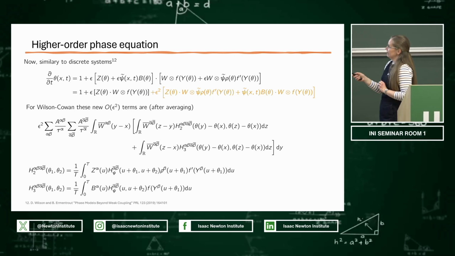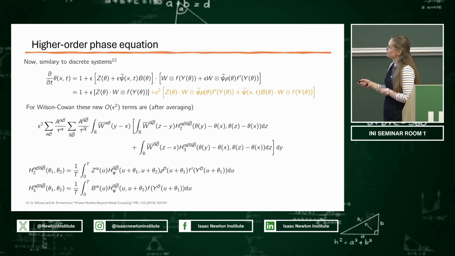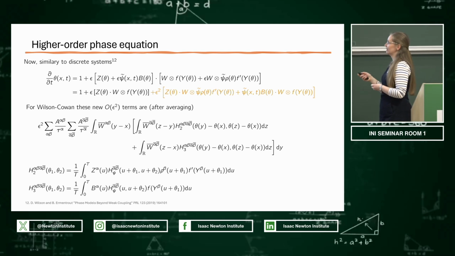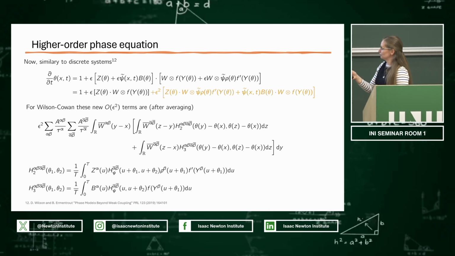For Wilson-Cowan, if you care, you can write them out. The main point is that everything in here can be calculated by solving a first order differential equation. Numerically, but it's still pretty straightforward, so you can find all of these interaction functions in a straightforward way.